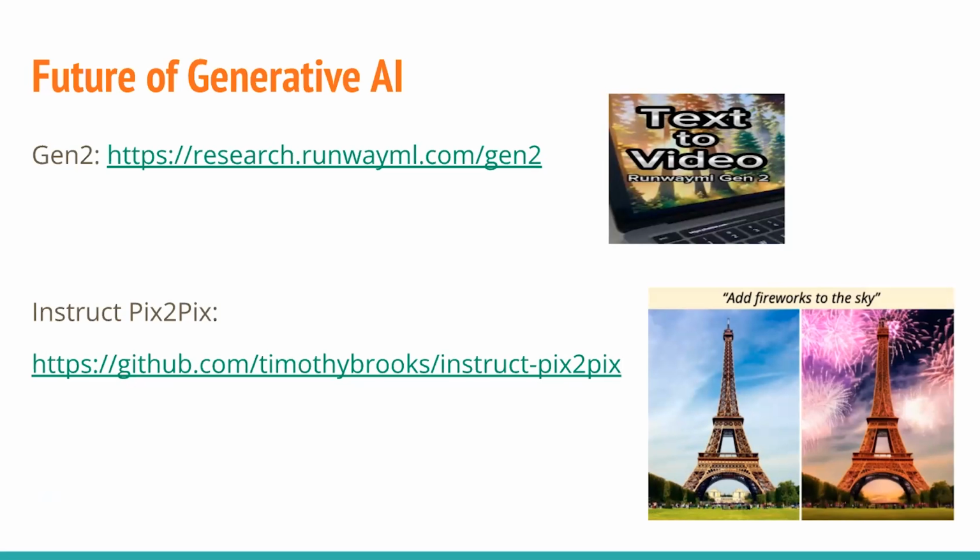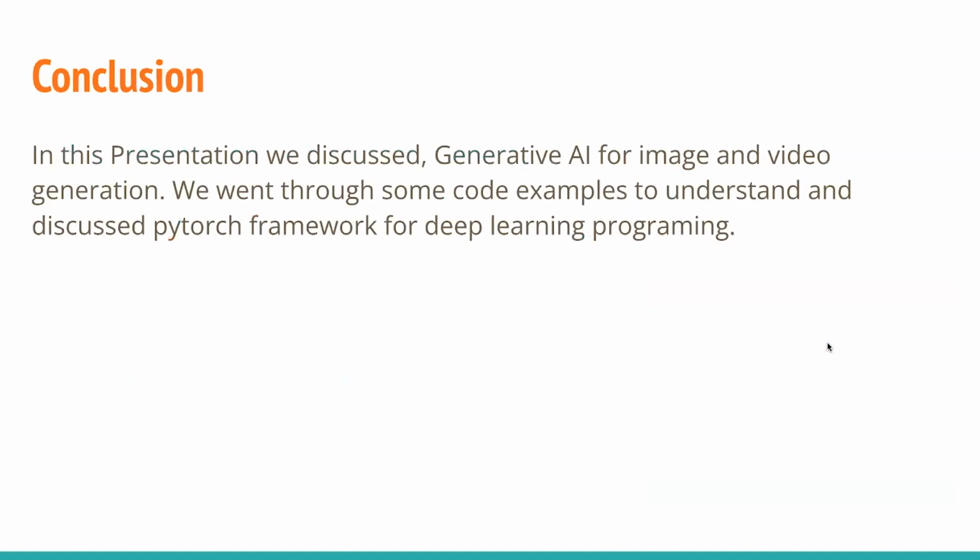The next future is Gen 2, which is already released, which can create text to video, generating a movie based on your script. In Pix to Pix networks, you give an input image and tell it to change. This is an application of the stable diffusion algorithm.